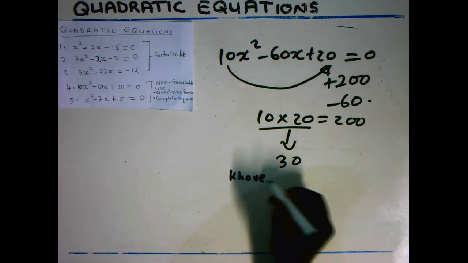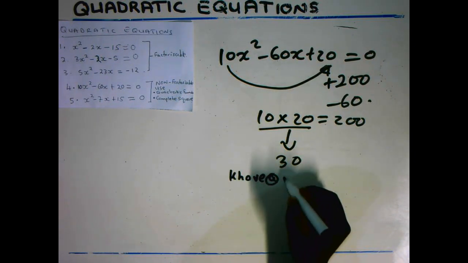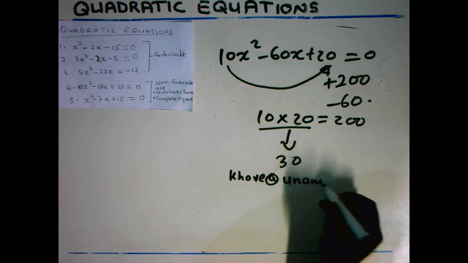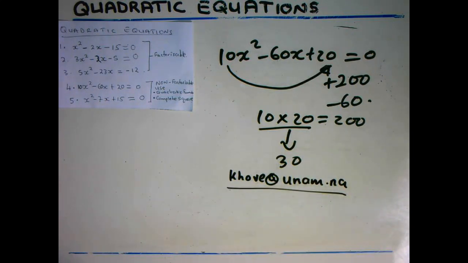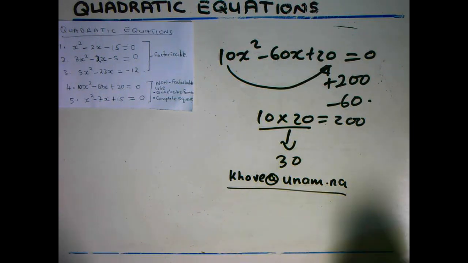It will be a discovery. So in short, I am simply telling you that it is not possible to find those factors. In fact, it's impossible. Because of that, it makes equation 4 non-factorizable.